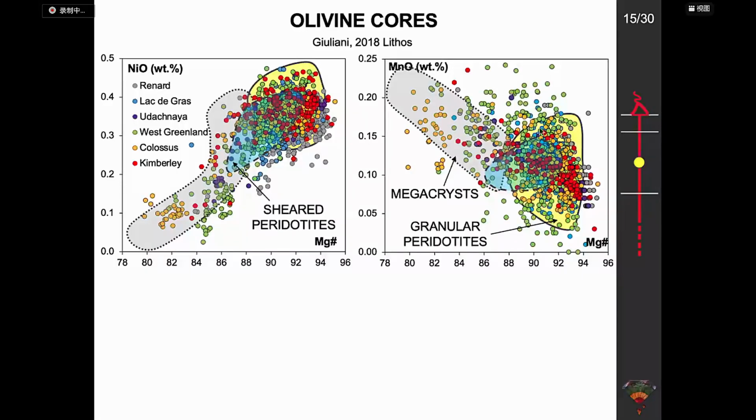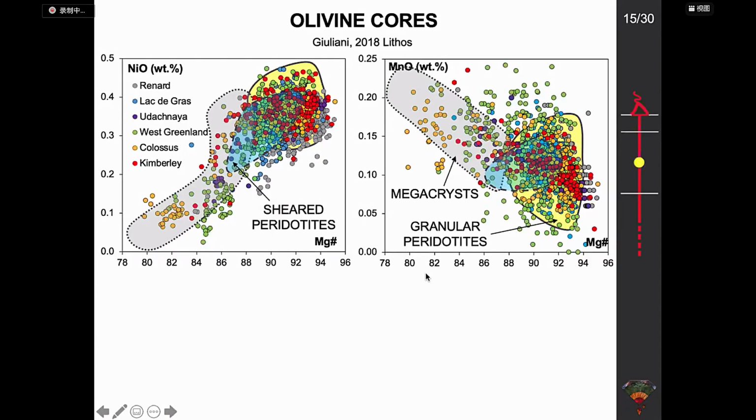Then the blue field indicates the composition of olivine in sheared peridotites, which are essentially metasomatized rocks where the metasomatic agent was probably some precursor kimberlite melt. And the gray field indicates the composition of olivine megacrysts. Again, olivine megacrysts are interpreted to be the product of kimberlite metasomatism preceding the eruption of kimberlites at surface.